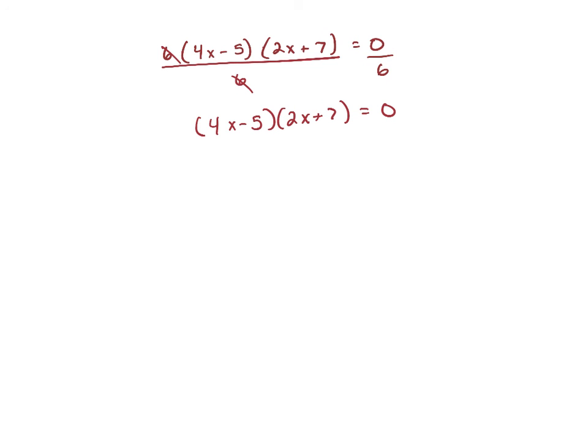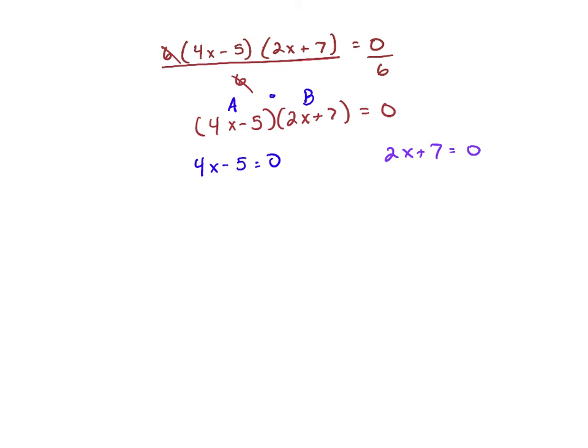And then I'm at, again, a times b equals 0. So either a equals 0, the 4x minus 5 equals 0, or b equals 0, the 2x plus 7. One of these has to be 0, otherwise the product would never equal 0.